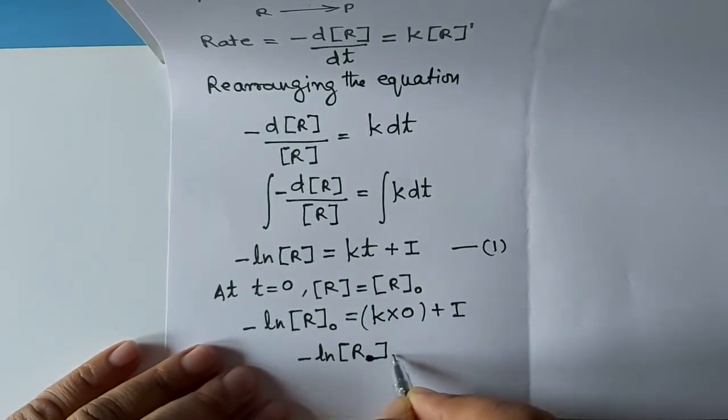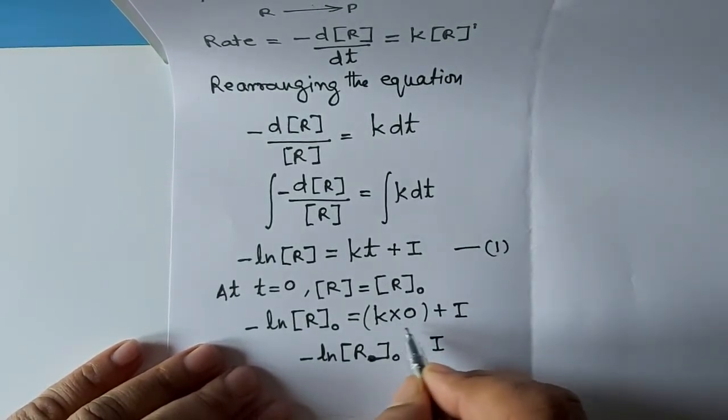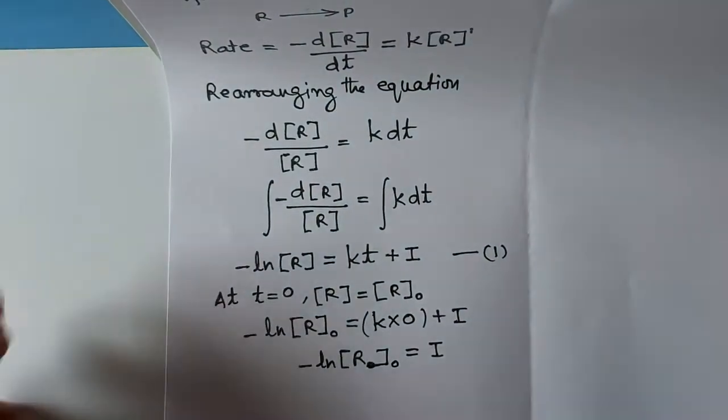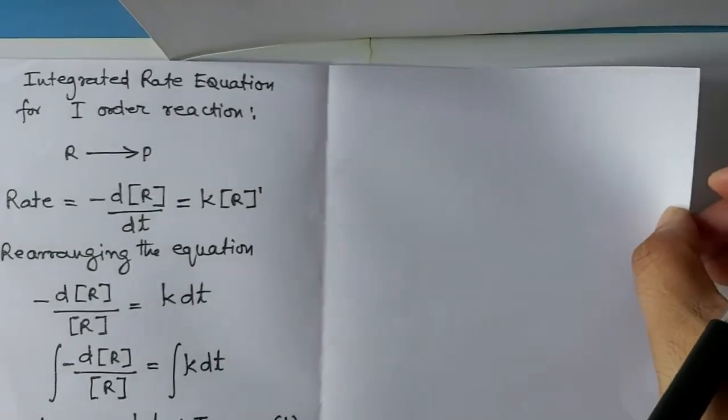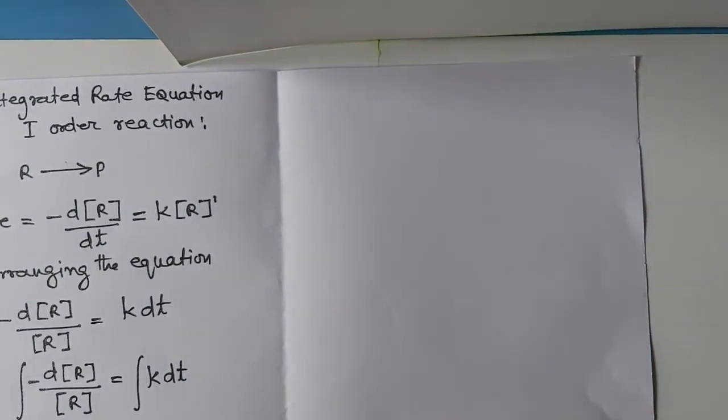Ln R0 is equal to I, because this whole value turns out to be 0. Now let's proceed further.